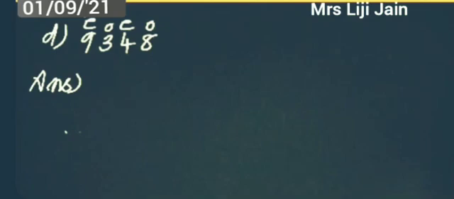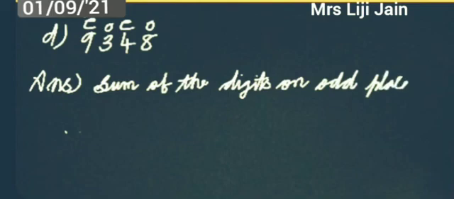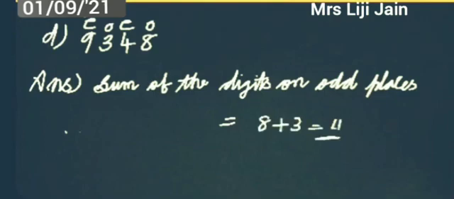Okay, sum of the digits on odd places. Which are the digits on odd places? 8 and 3. So 8 plus 3 is equal to 11. Okay. Then we have to find out the sum of the digits on even places, isn't it?